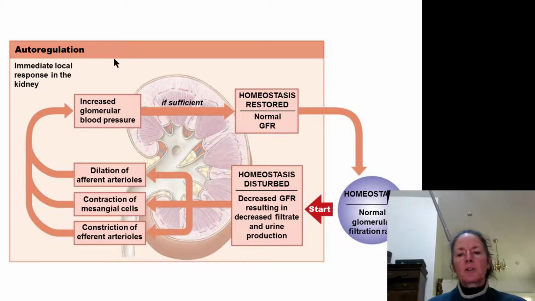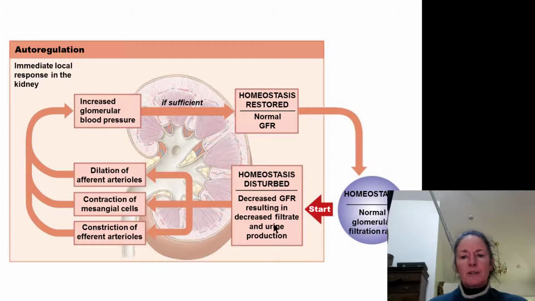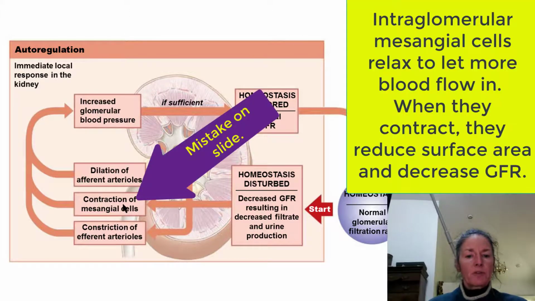All right, so here's a picture of it. Here we have, in this case, a decreased glomerular blood flow. So we're going to decrease the filtration. So what are we going to do? Dilate the afferent arterioles to let more blood in. We can contract some of the mesangial cells and constrict the efferent arterioles. That's going to bring our glomerular blood pressure back up, and then our homeostasis will be restored.